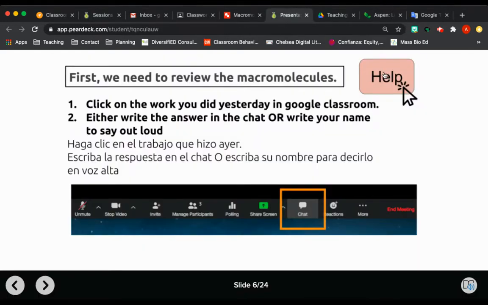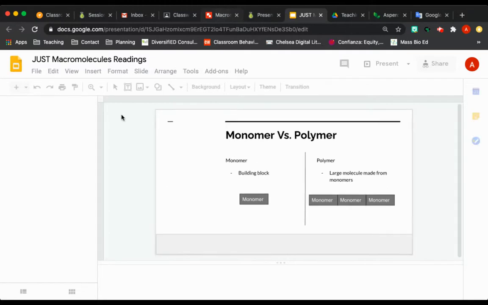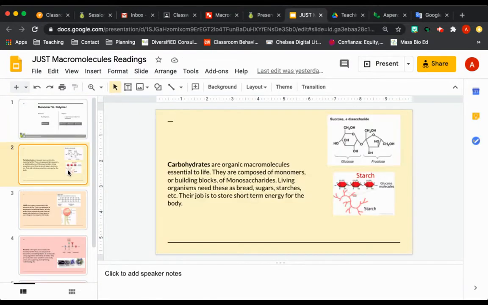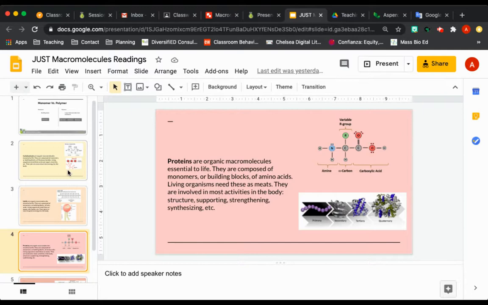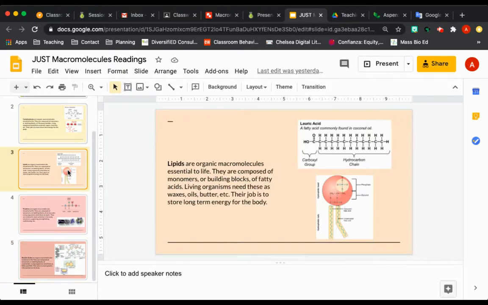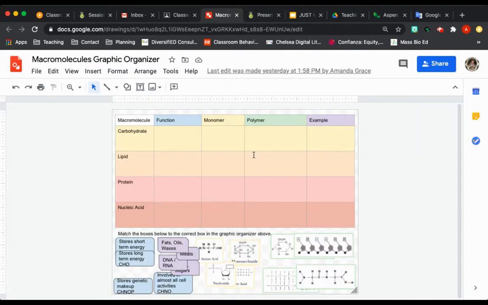So you would click help. So you're going to use the information in these slides to fill in this graphic organizer.